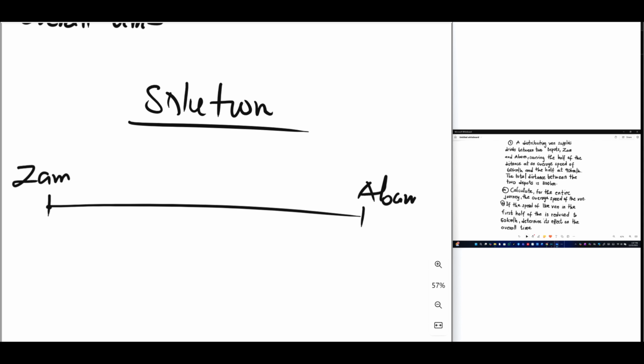The distance between the two depots is 300 kilometers. The first half is covered using a speed of 60 kilometers per hour, and the second half using a speed of 90 kilometers per hour.